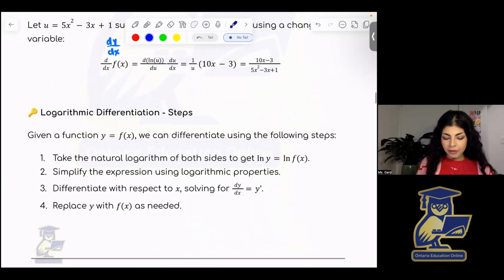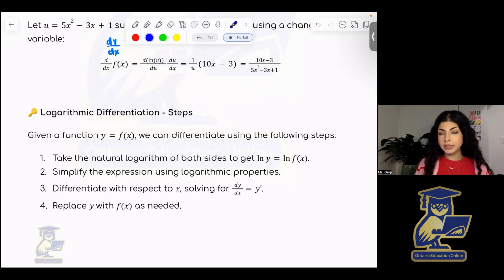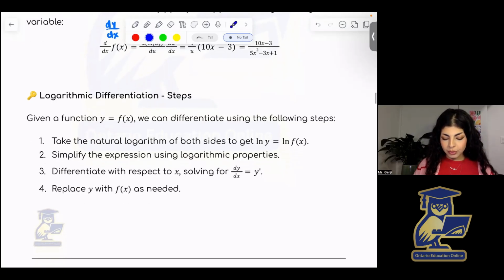So if you have a function y equals f of x, we can differentiate this by first taking the natural logarithm of both sides, and we would get natural log of y equals natural log of f of x. Then we can use logarithmic properties or logarithmic rules to simplify the expression. And then we have to differentiate with respect to x.